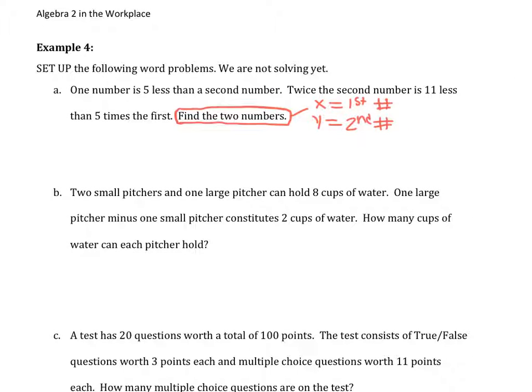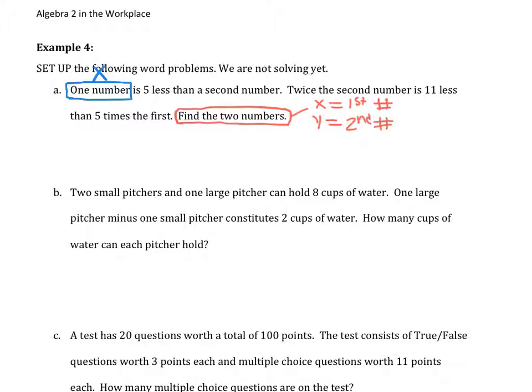Now we need to find our totals. So again, we're looking for words like is, was, total. Where do we see these words? Well, our first sentence says one number. What variable is representing our first number?